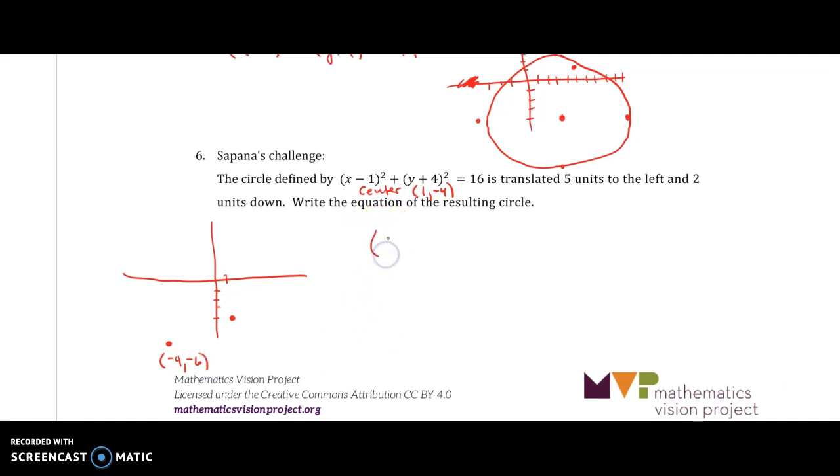So my new equation would be (x plus 4) all squared plus (y plus 6) all squared equals. Does it say anything about the radius? No. All it did was translate, so the radius stays the same. So the radius squared is 16, and that would be the equation of your circle.